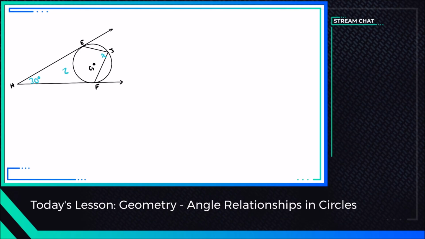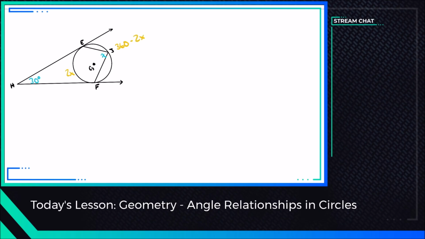So we know that EF is equal to 2X. And because this is in one half of a circle and the other half is over here, I'm going to write that 2X in yellow. We know that this other side of the circle is going to be 360 degrees minus 2X.